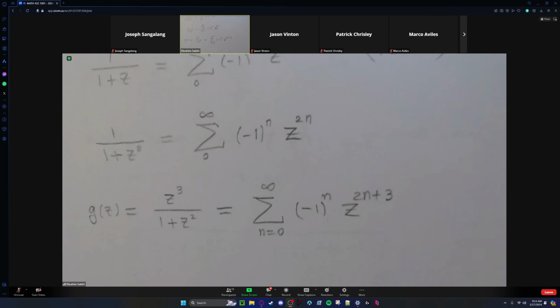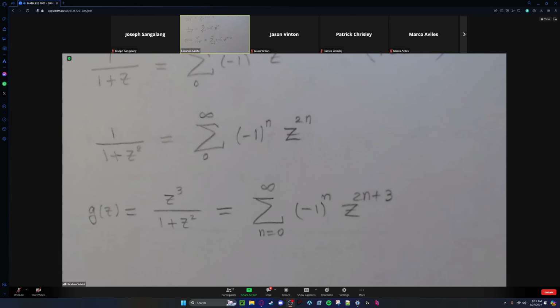Again, what is the rationale? Why can we do this? Because the power series of a function is unique. All right, it is unique. Now, if I can be creative and find the power series in this fashion, why not?